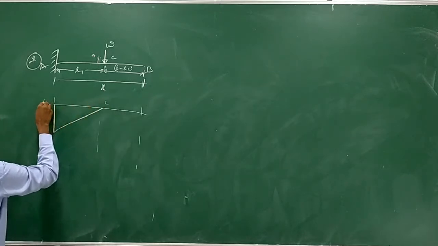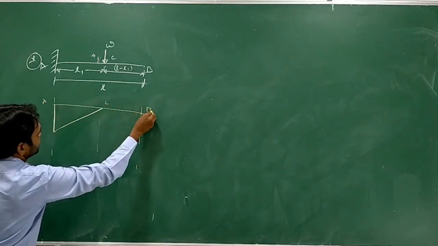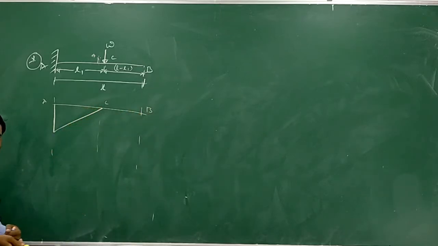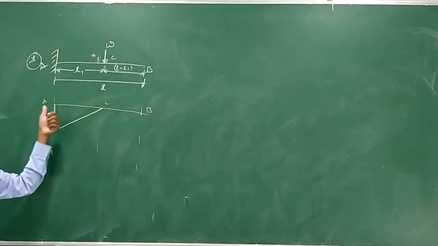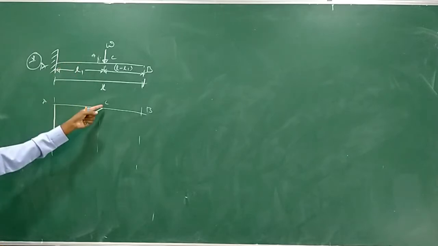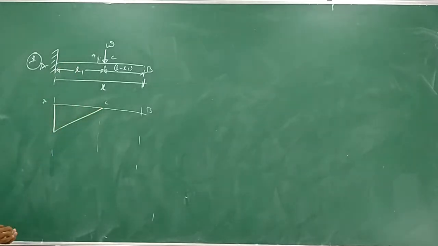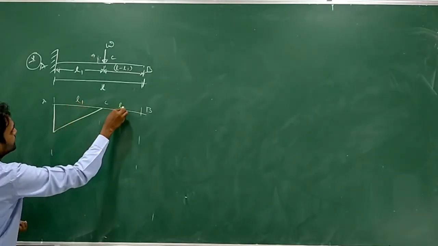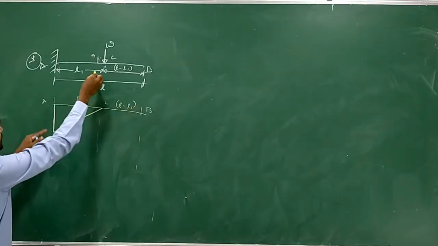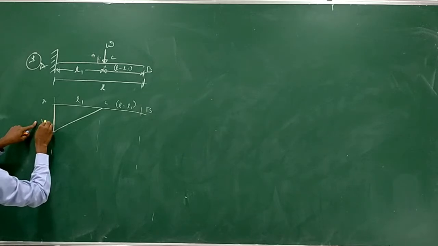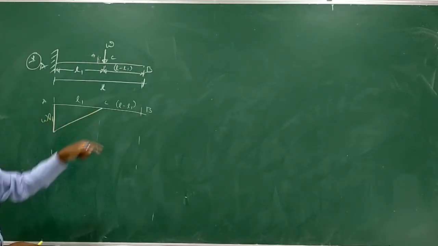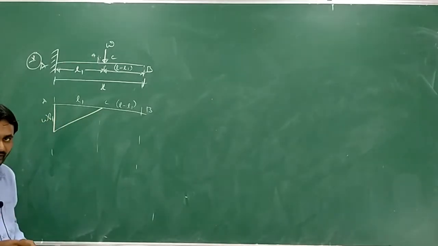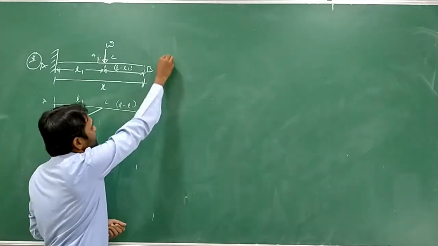This is C, this is A, this is B. From C to A you have a load of W, so the moment is going to be generated. What is the maximum moment here? WL1. Now let us find out slope and deflection.